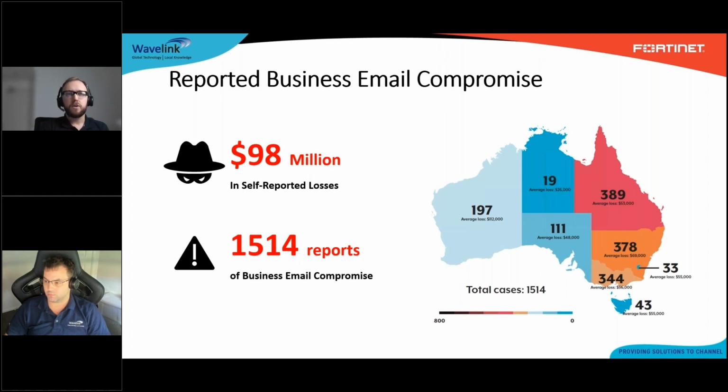While this does show a slight decrease in the actual number of reports, down to 1,514, the self-reported losses have increased in a very non-linear manner, showing that the impact to a business with each and every single attack is rapidly on the rise, and it's rapidly becoming even more expensive and more of a hindrance to businesses with each attack.